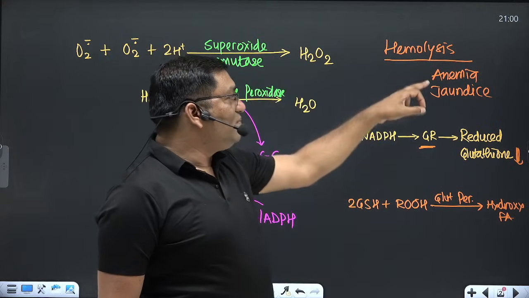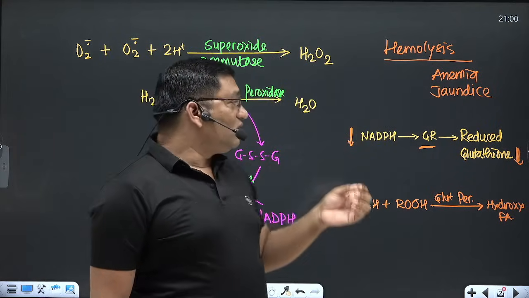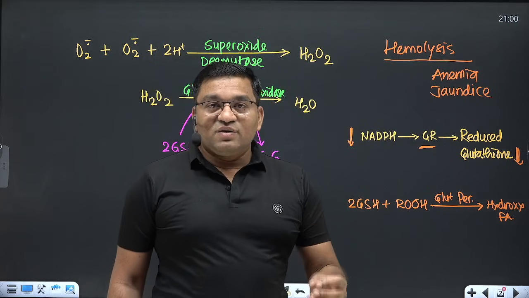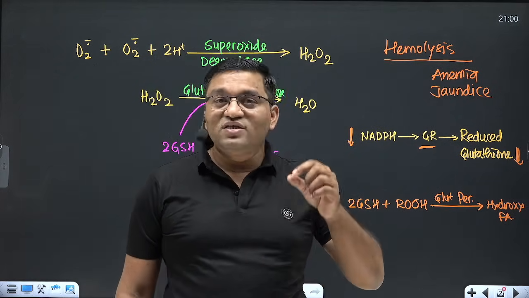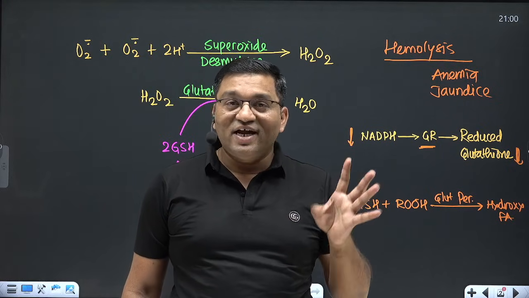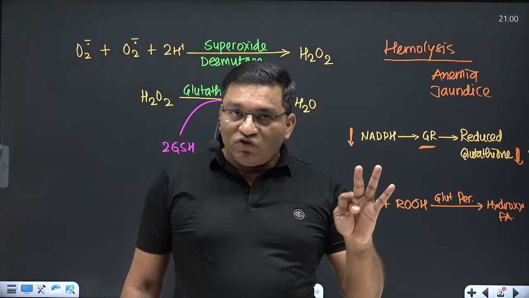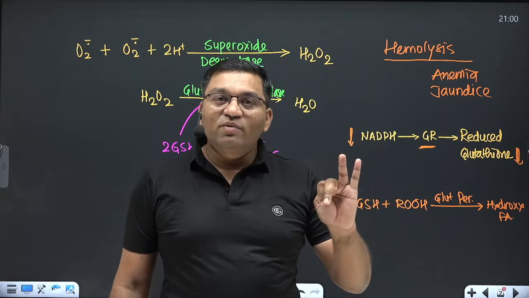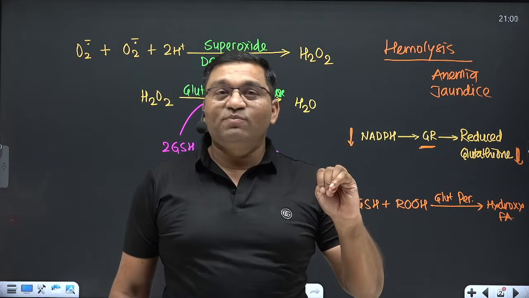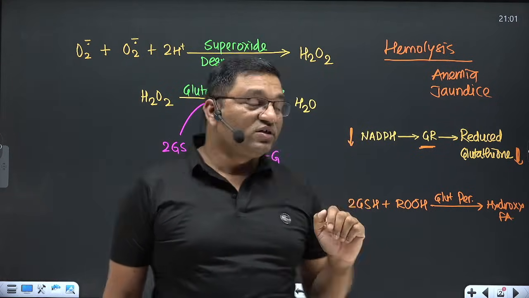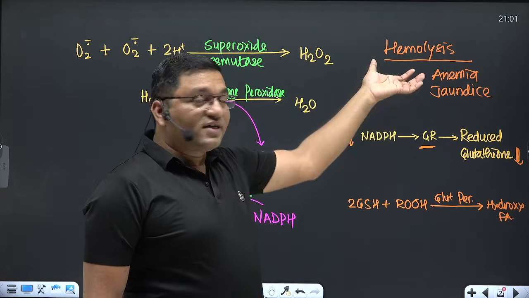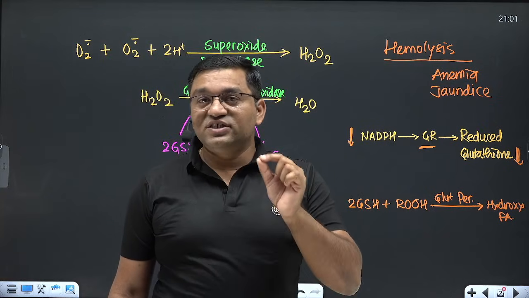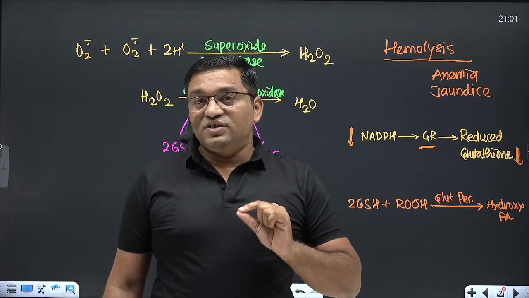So there is anemia and jaundice in G6PD deficiency, but mainly it causes drug induced hemolytic anemia when a person is exposed to the drug primaquine, an antimalarial drug, nitrofurantoin, sulfonamide, acetanilide group of drugs, and dapsone, which is given in the treatment of leprosy. These drugs cause rapid hemolysis in patients with G6PD deficiency.